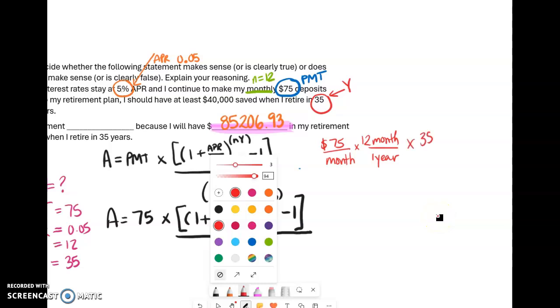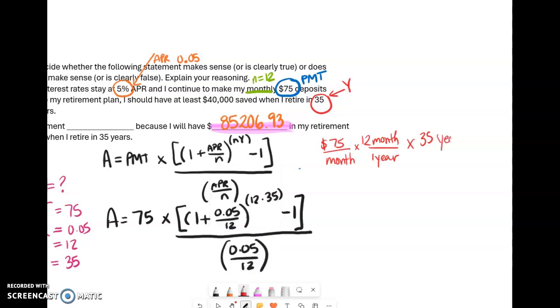So I put this in my calculator: 75 times 12 times 35. And that gives me 31,500. So if the question asks how much did you invest in there, this is how much you invested, because this was your money.